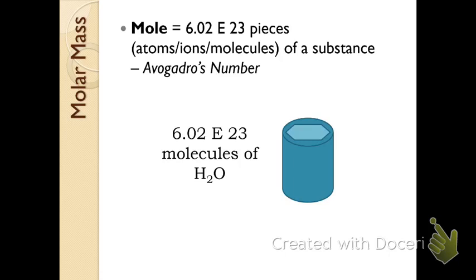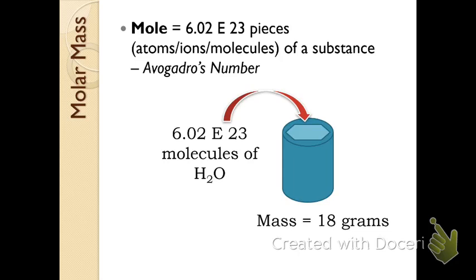That's Avogadro's number. He says that if I take 6.02 E23 molecules of H2O water and I put them on a scale that doesn't calculate weight but mass, that is going to come out to 18 grams.